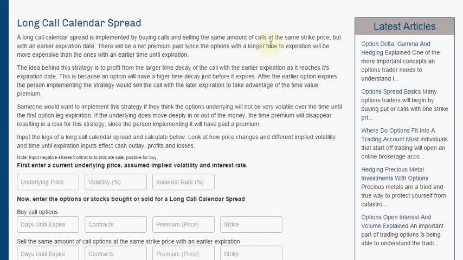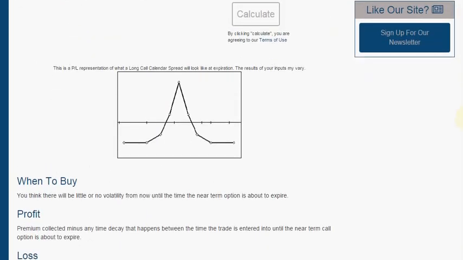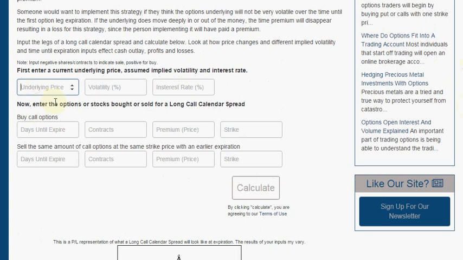So if I can show you really quickly what the graph of this ideally looks like, you can see it kind of looks like a short straddle here, and when there isn't a lot of movement, you end up making money. An example here: the underlying price is 50. We're going to say that the volatility is 20 and set the interest rate. Now we're going to buy call options, and we'll have the premium price here of 1, and they have the same strike.